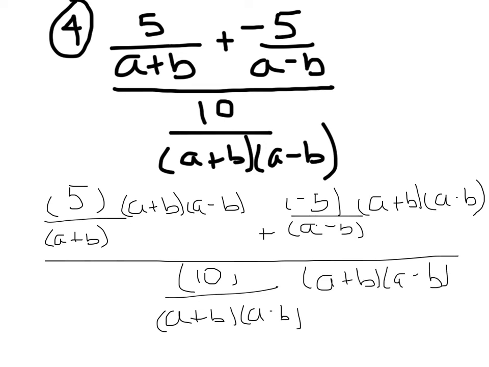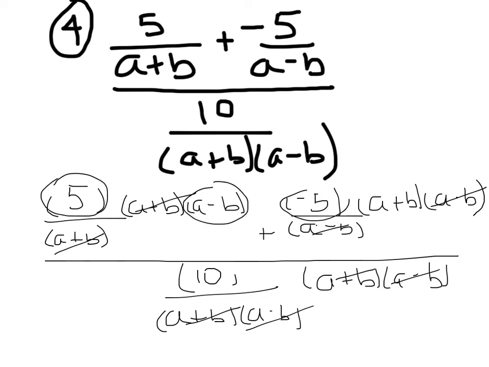And now I can cancel. So I'm left with the 5 times a minus b plus a negative 5 times a plus b over 10.